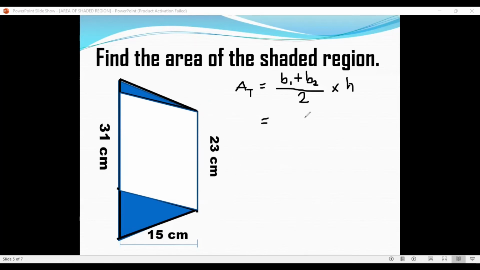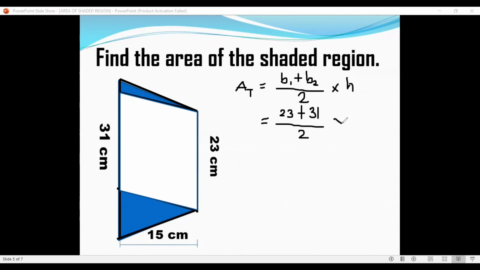So in this case, we have 23 and 31 as our bases. Now, you might ask, where is the base 1 or where is the base 2? It doesn't matter because we have the commutativity property of addition, which means that if I have 23 plus 31, it's just the same as 31 plus 23.